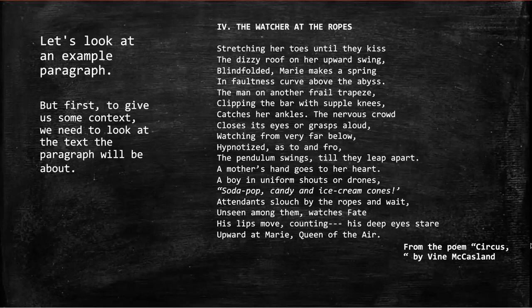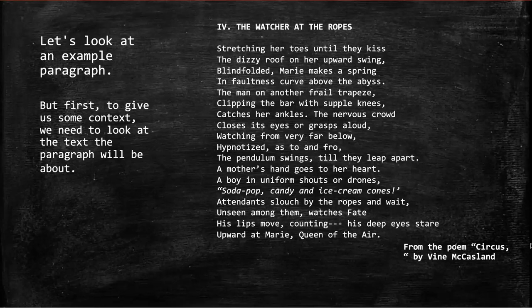Stretching her toes until they kiss the dizzy roof on her upward swing, blindfolded, Marie makes a spring in faultless curve above the abyss. The man on another frail trapeze, clipping the bar with supple knees, catches her ankles. The nervous crowd closes its eyes or gasps aloud, watching from very far below, hypnotized as to and fro the pendulum swings till they leap apart.